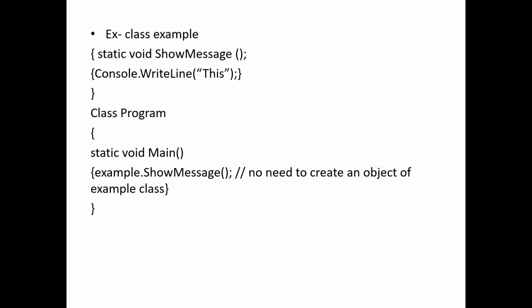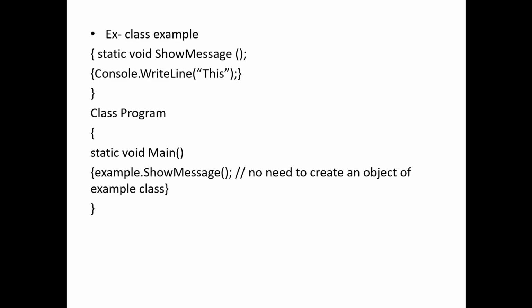Then we often see the word static while declaring many procedures or functions. Now what is static? The static keyword means that this function belongs to the class itself rather than an instance of the class. What does it mean?